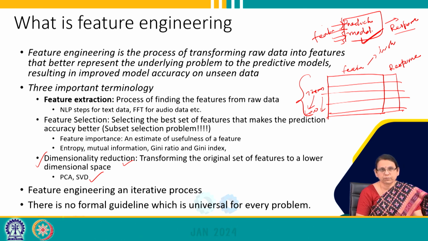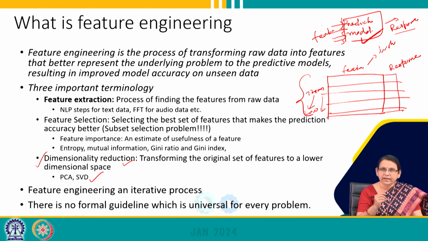In case of SVD, you have already seen how to take care of sparsity by first considering the UV decomposition, followed by learning this UV decomposition from the available ratings. So, it was a kind of matrix completion problem. Moreover, you have to remember that feature engineering is an iterative process. At one go you cannot do it.